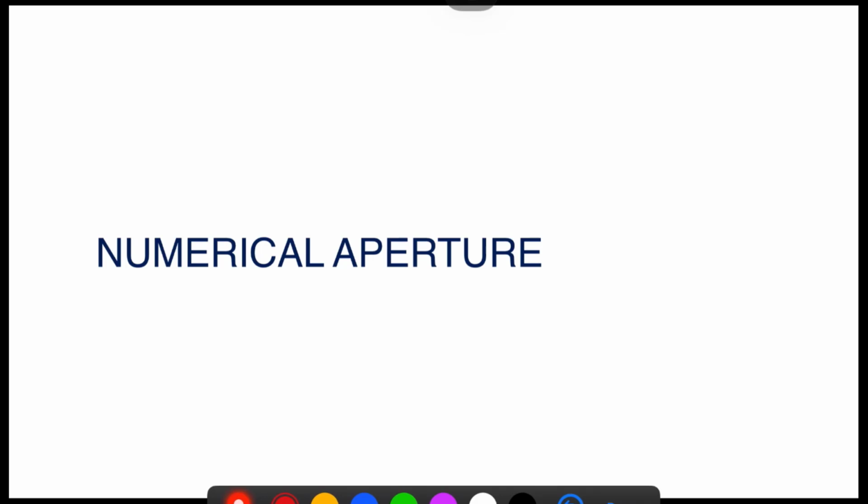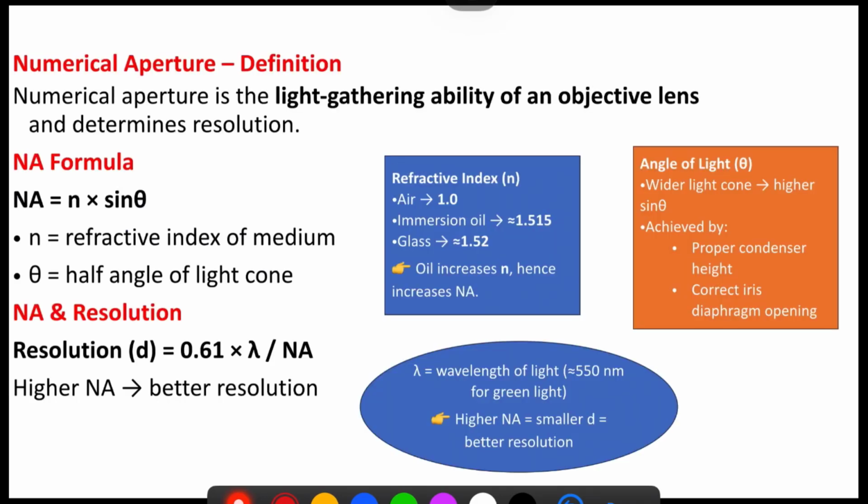Now what is numerical aperture, which is written only on the objective lenses? This is the light gathering ability of an objective lens and it determines resolution. So what is the formula? Numerical aperture is the refractive index of the medium n into sin theta.